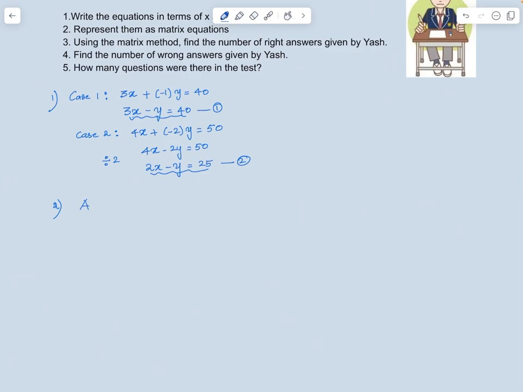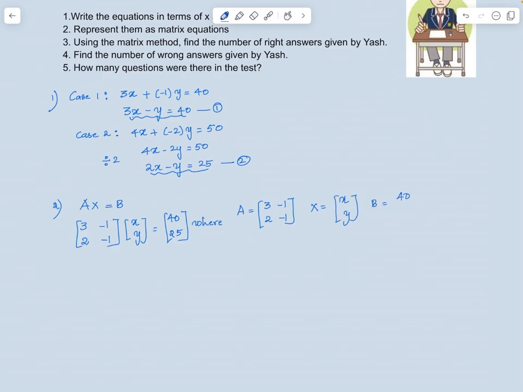In the matrix form, that is AX equal to B form, the matrix [3, -1; 2, -1] times [x; y] is equal to [40; 25], where A is the matrix [3, -1; 2, -1], X is [x; y], and B is [40; 25].